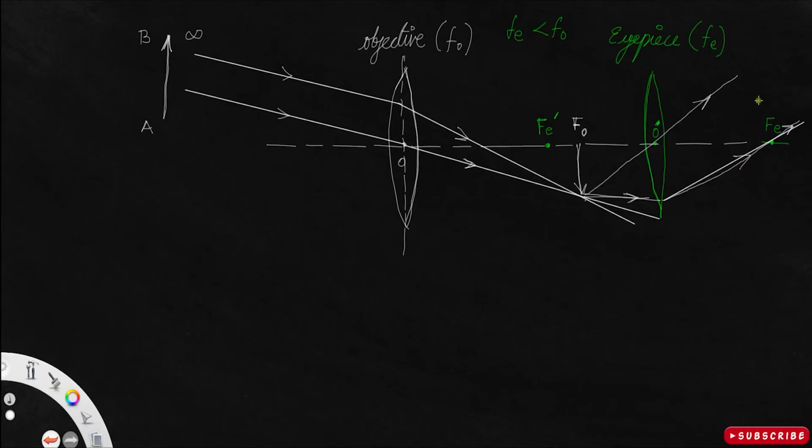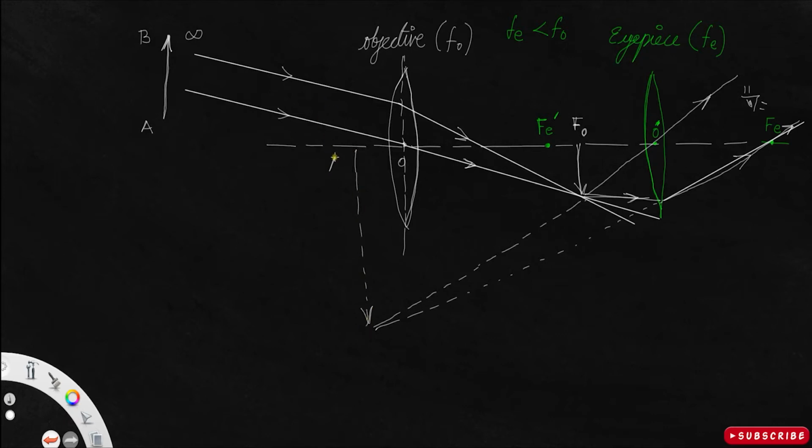Now these two rays are diverging at this point. Clearly we are looking through the eyepiece, our eyes will be here. On this side of the eyepiece, these two rays won't meet. So when I extrapolate them to the other side, clearly I get a virtual image here.